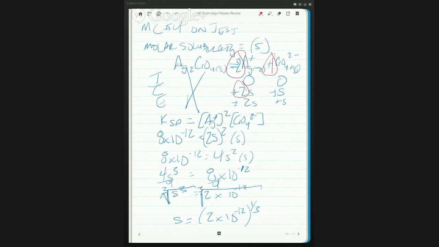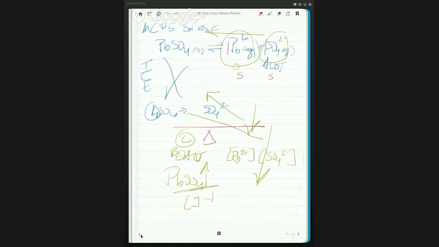Here, on the teeter-totter, if you consume the products, it will shift back to the reactant and produce reactant. If you lower the concentration of the products, you're going to lower the value of K. So that's how that works.